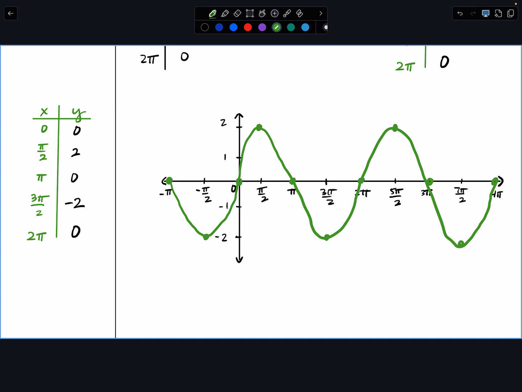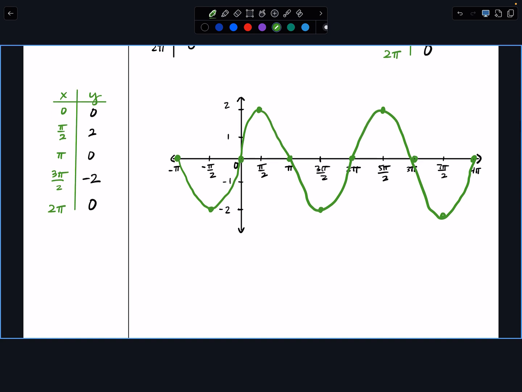Now here, because of the directions, they want us to only graph between those two numbers, right? So I'm not going to put little dotted arrows because I'm starting here and I'm ending there only in this case. That being said, that's going to affect our domain. You guys good?